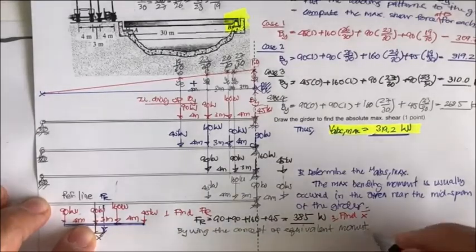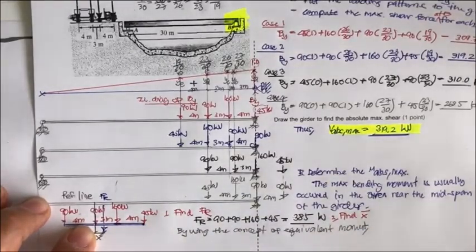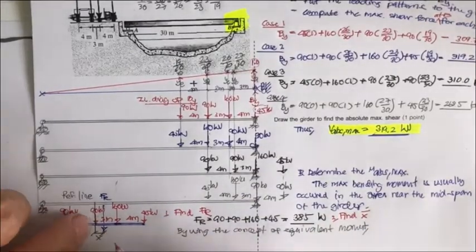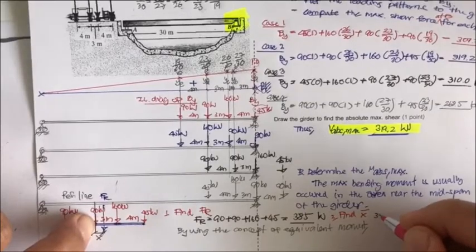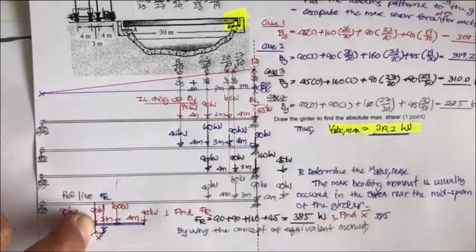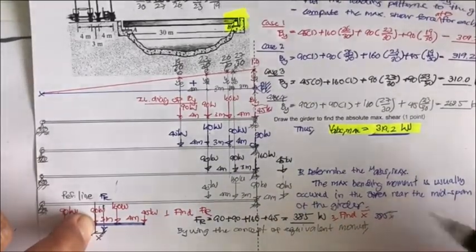Then what we have is, take the moment about this point, F sub R times X bar. So we have 385 times X bar.